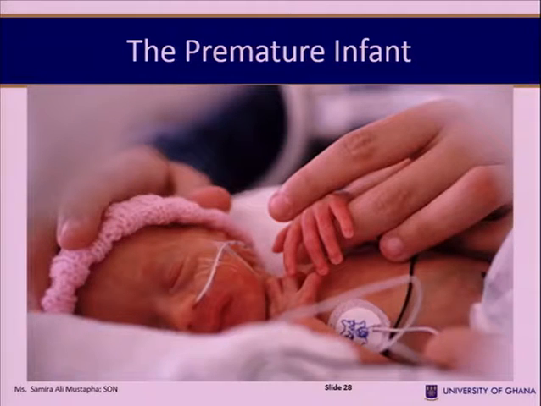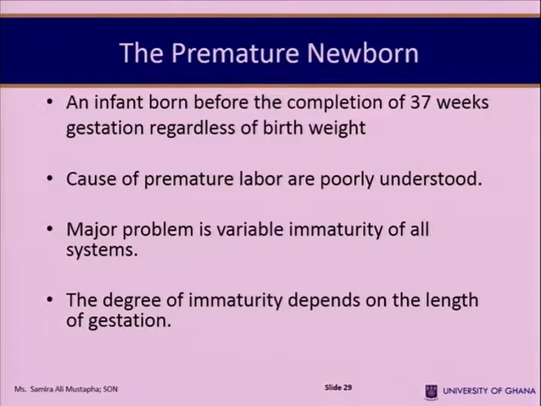So to start with, this is a picture of a premature infant. As we already said, it is a baby born before 37 completed weeks. So under 37, so 20 to 36 weeks and below are considered premature.